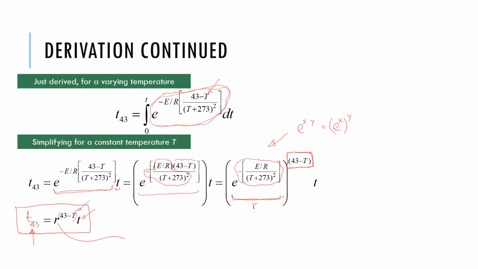Now this R is equal to E raised to minus E over R over (T plus 273) squared. So you can approximate R as E raised to minus E over R over (43 plus 273) squared, using 43 for example. Okay, you can approximate R this way. So that is how you get R.